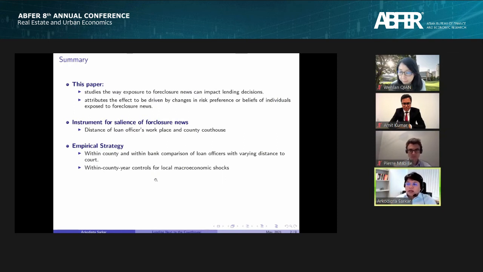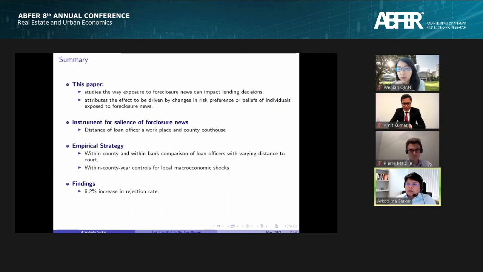And the main findings are that there is roughly an 8.2% increase in rejection rate of managers who are exposed to the foreclosure, and 9.5% lower mortgage origination. So these are the brief summaries of the paper.